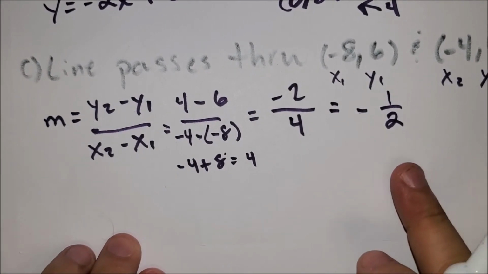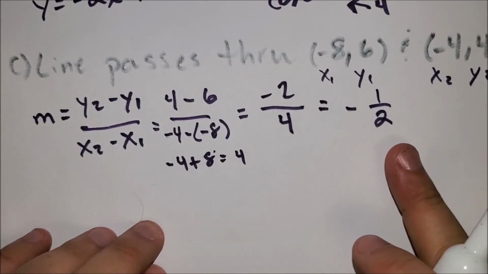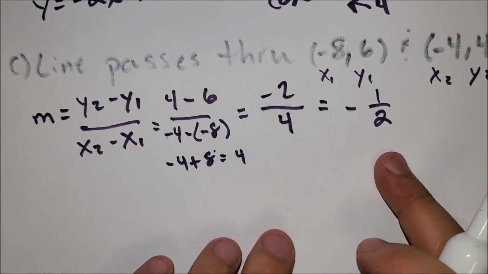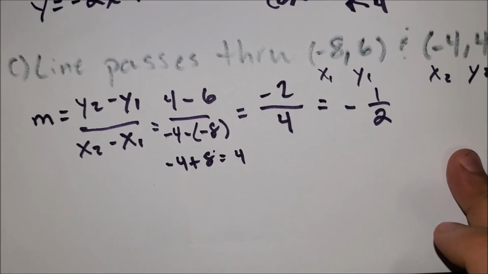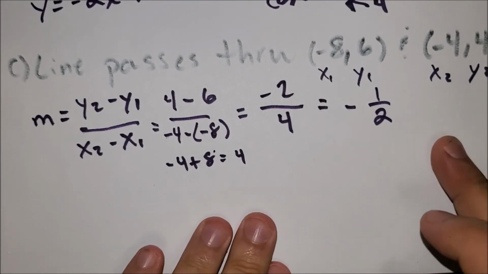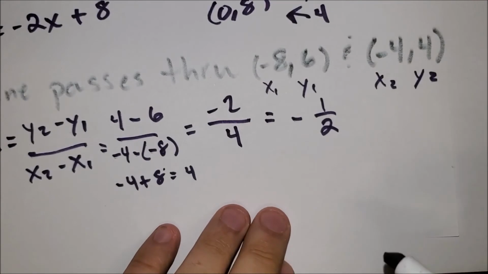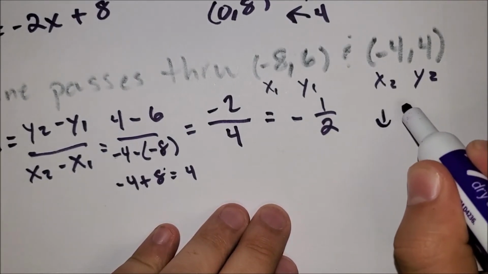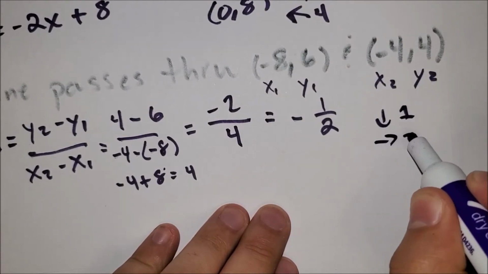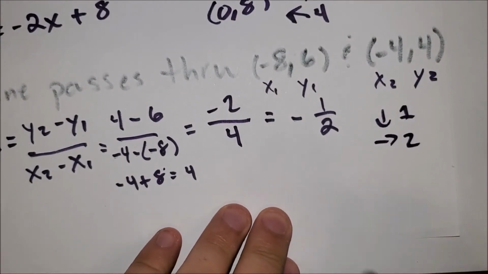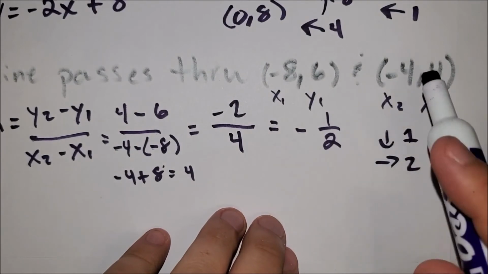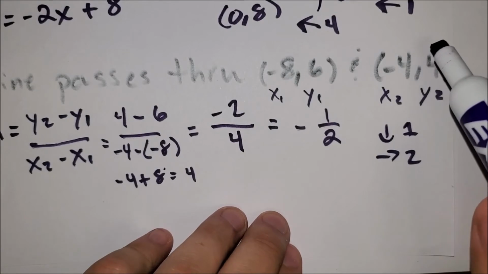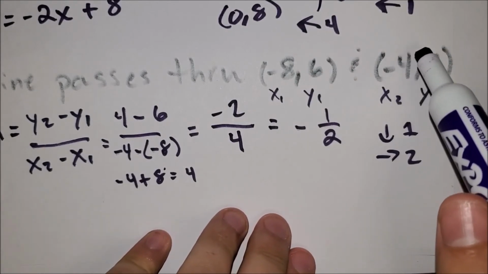So now we have a slope. We need to find our intercept. So what this slope tells us is that for every 2 units we move in the x direction, we move 1 unit down in the y. So this tells us 1 down, 2 over. Well, we can use this point here. We need to go 4 units over to get to 0. And this one's the easiest one to use.